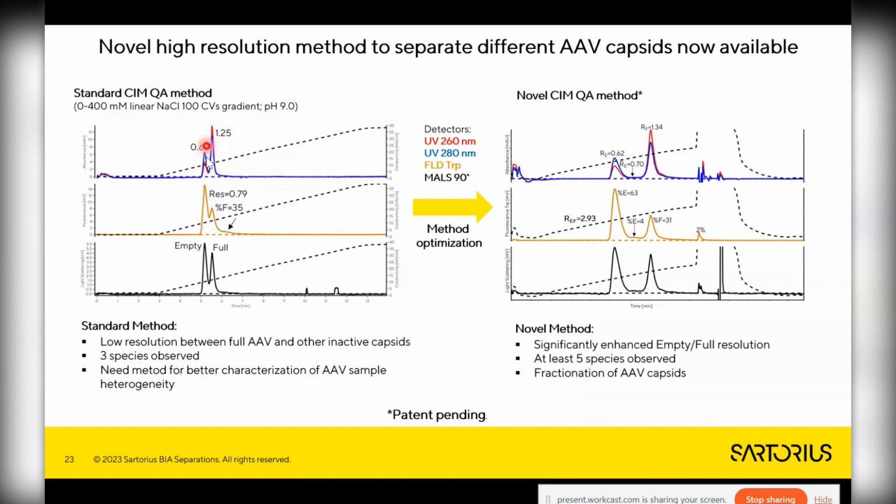With a linear gradient, we see the empty in the UV, and we see the full in the fluorescence, which we always like to have, because it's the best estimation of the ratio between the empty and the full.